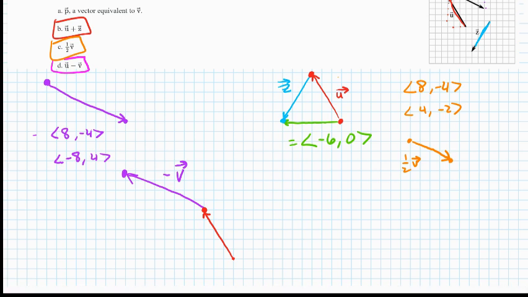And so the resultant vector is just from wherever we started to wherever we ended. In this case here, my resultant vector of u minus v, or you can consider it u plus -v.